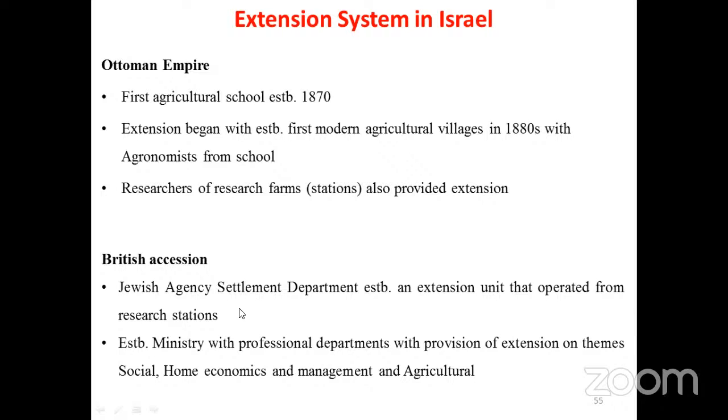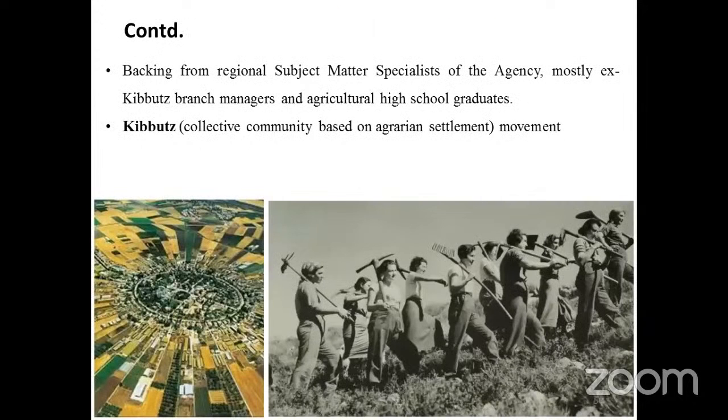Here important thing is, after British accession of Israel, they started this Jewish agency settlement department. Moreover, this Jews moved from Germany and other countries to this place to establish their own countries. So this settlement department was very much important there. You might remember these pictures.